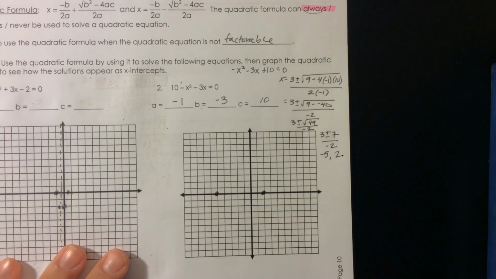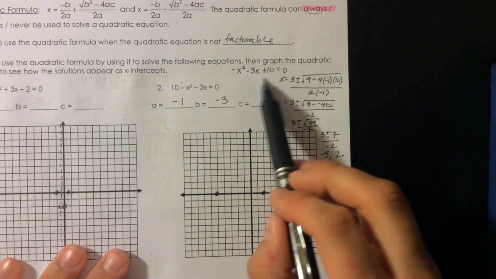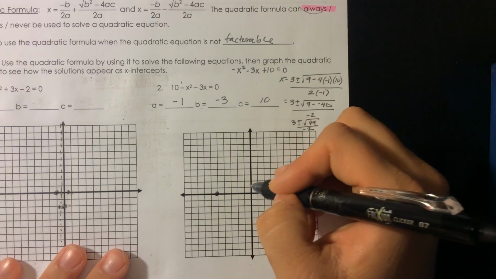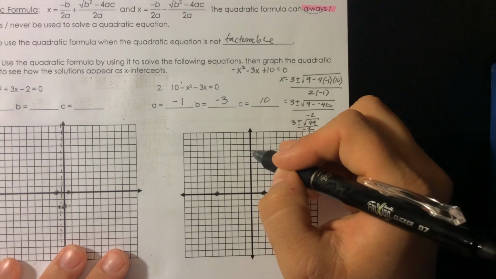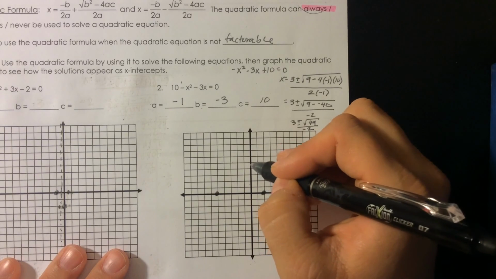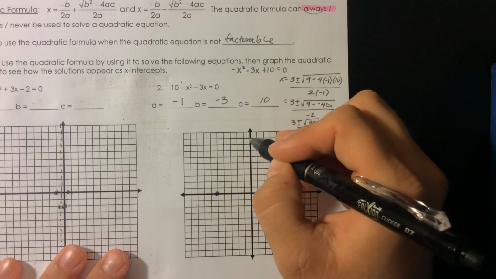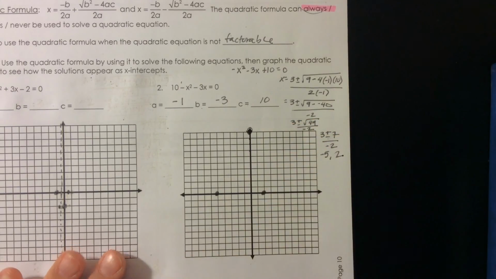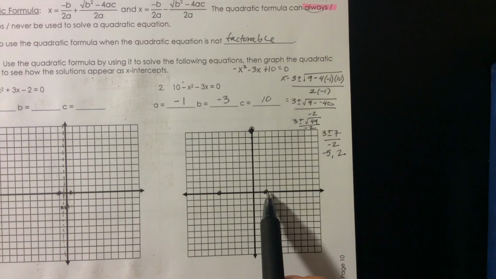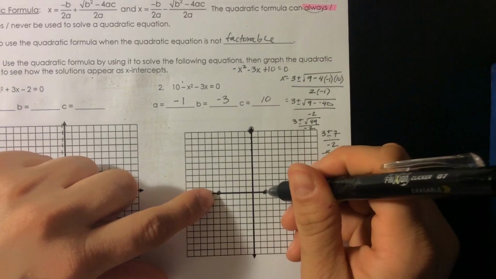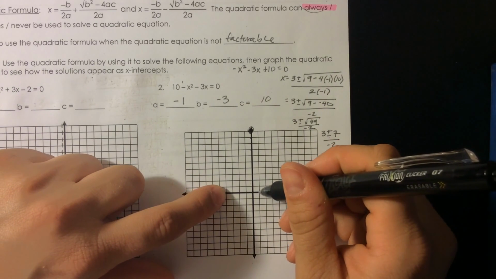Good deal. I know that my y-intercept is given by my c value, so it looks like it's 10. Alright, then I know my axis of symmetry is right in the middle between these two guys.